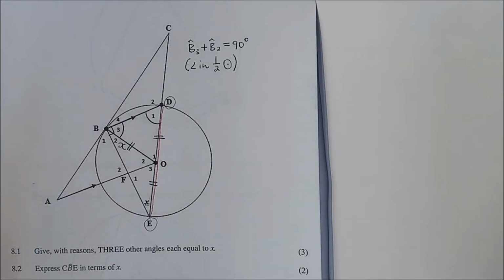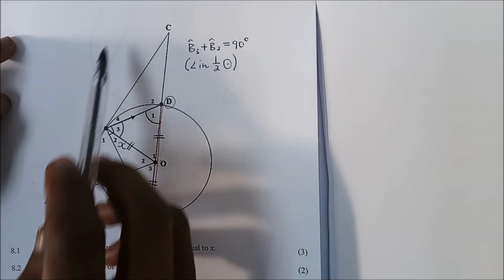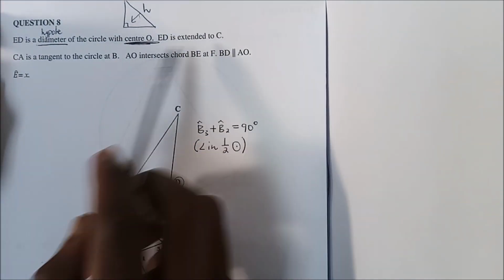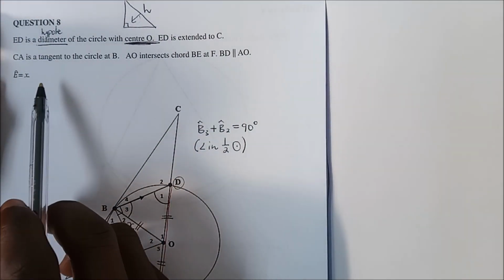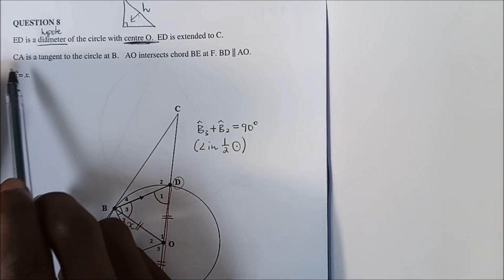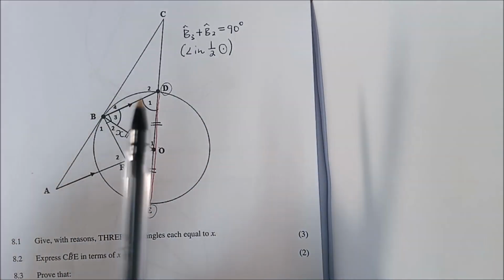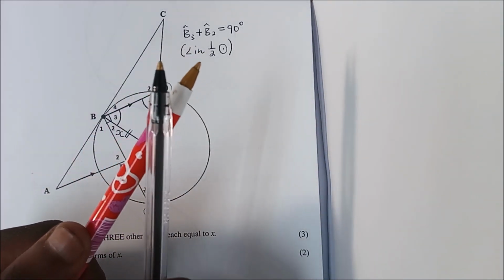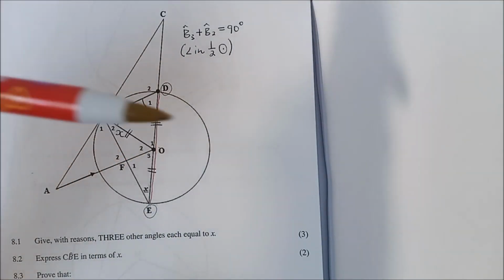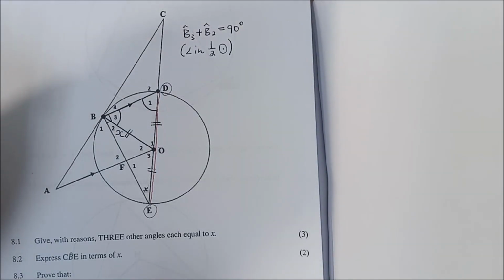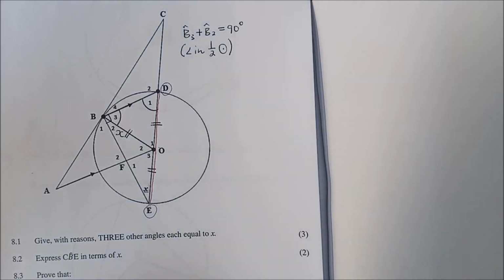So now you check ED. Okay, the given part is ED is extended to C. We can see that part. Okay, they're saying CA is a tangent. So remember I said if they talk about the tangent, we need two pens. The first pen, you place it at the point of contact of the tangent, where that line touches the circle.